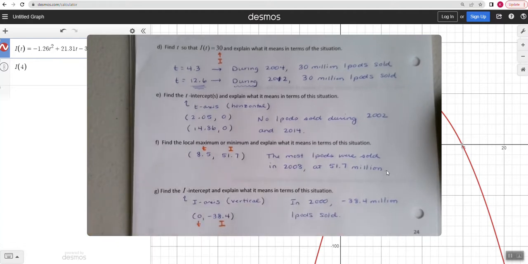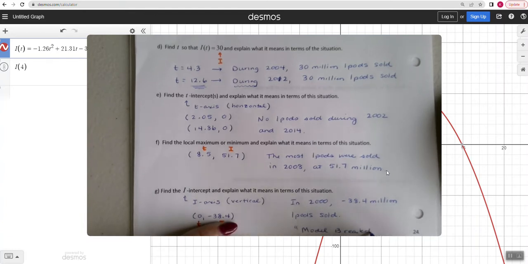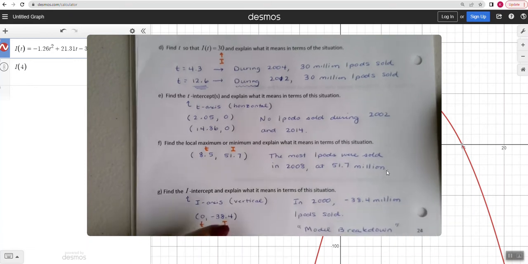Almost every function that we use as a model will eventually, what we call, break down. It'll give us a result that's completely unreasonable, just like it did here. And when that happens, what I'd like you to do is tell me, yeah, I recognize that's model breakdown. The model is no longer working at that point.